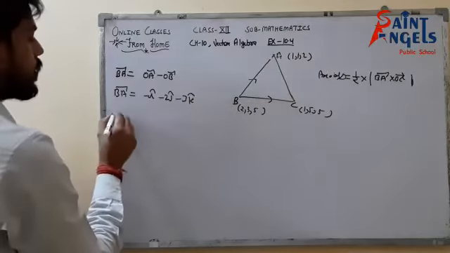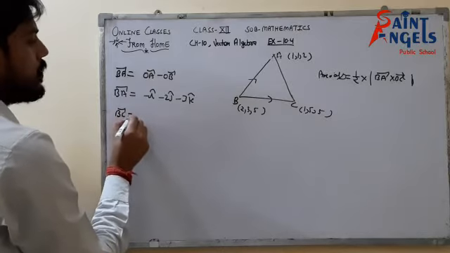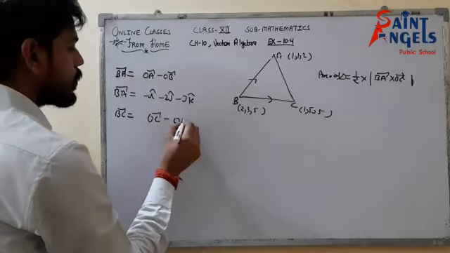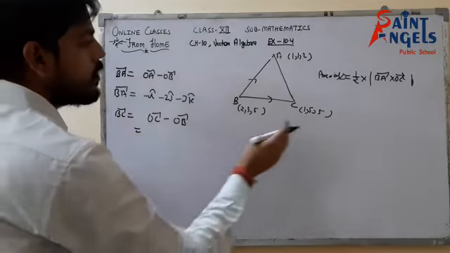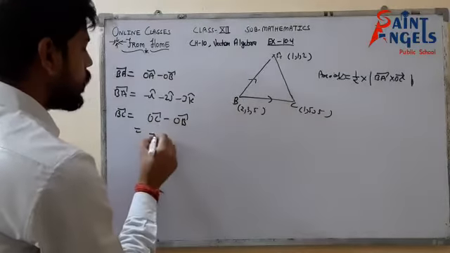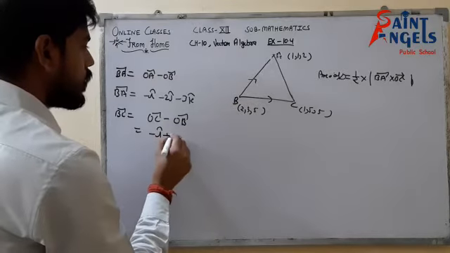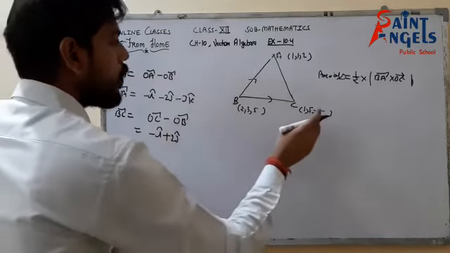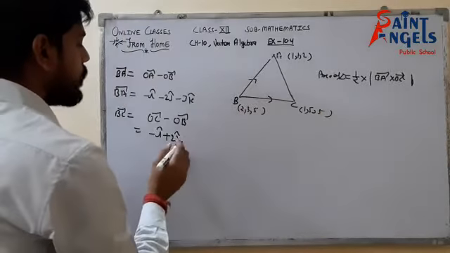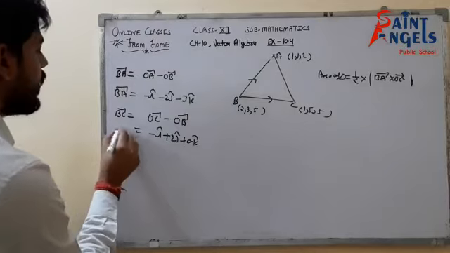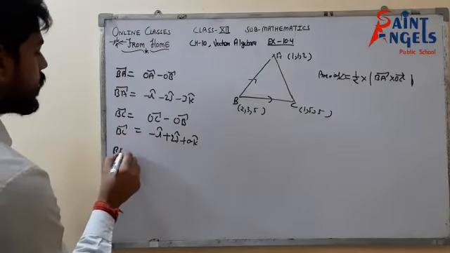Now find the BC vector. BC vector would be the position vector of point C minus the position vector of point B. It means C minus B. So 1 minus 2, minus i cap; 5 minus 3, 2j cap; 5 minus 5, 0k cap.